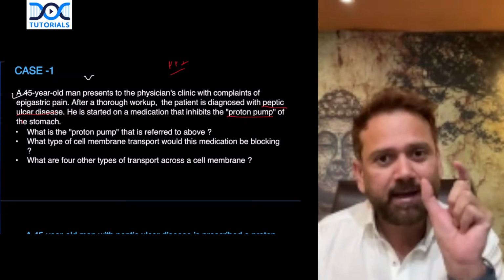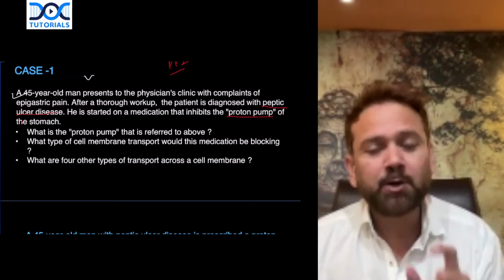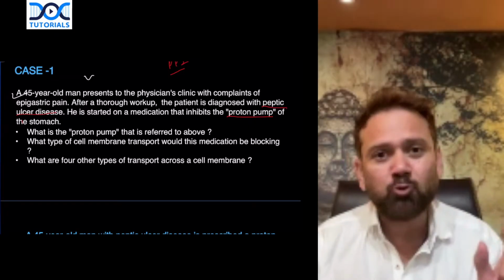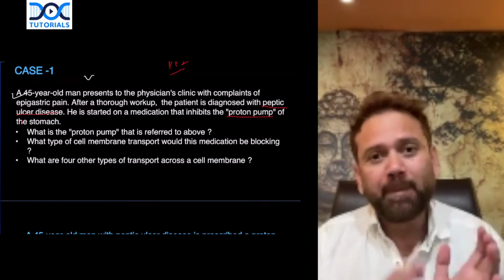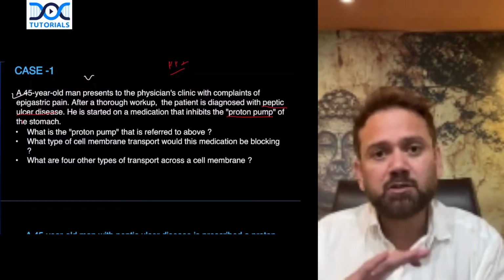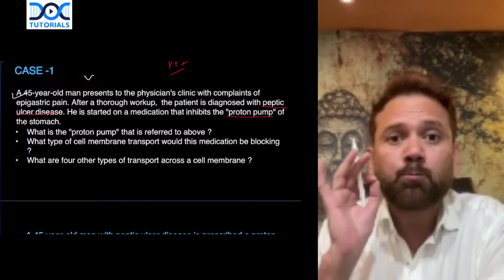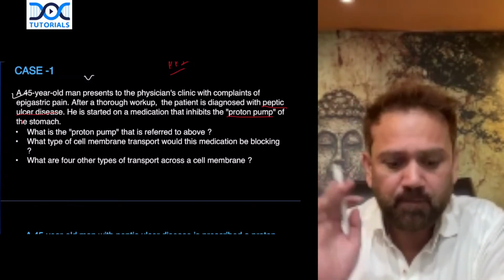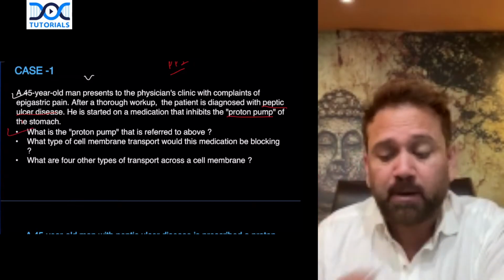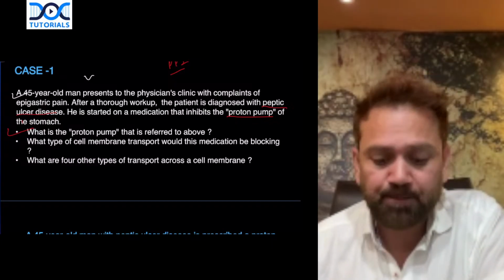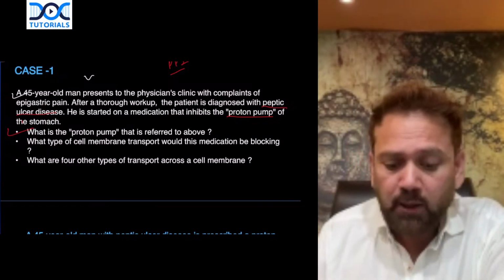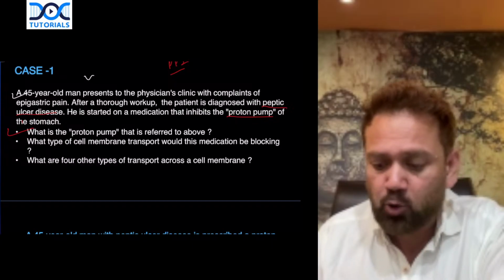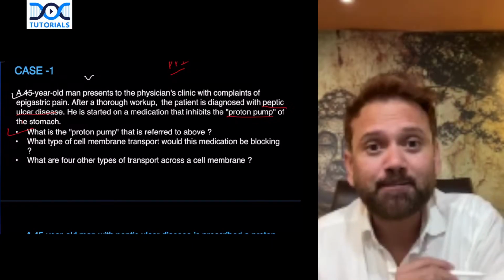This is not GIT, this is general physiology. The question might look like a GIT question, but now coming to the pump: primary active, secondary active, passive transport, simple diffusion. This pump is called the proton pump, a primary active pump. Question number one: what is the proton pump that is referred to? Question number two: what type of cell membrane transport would this medication be blocking?